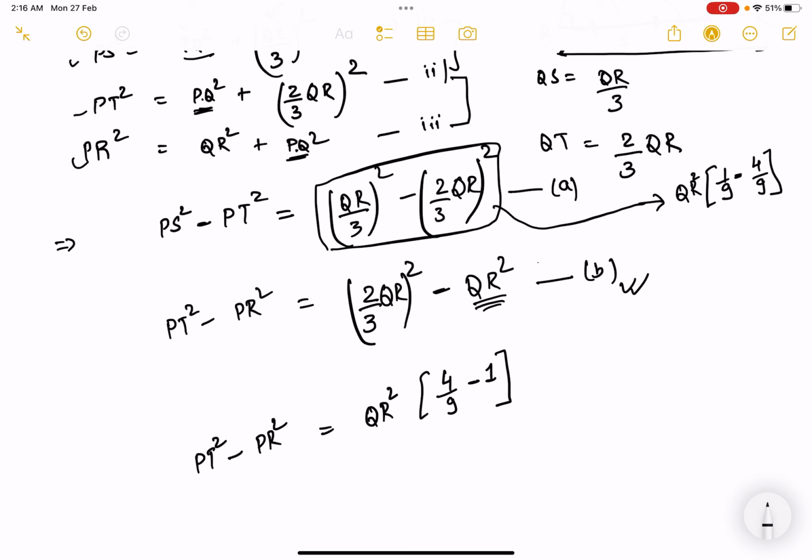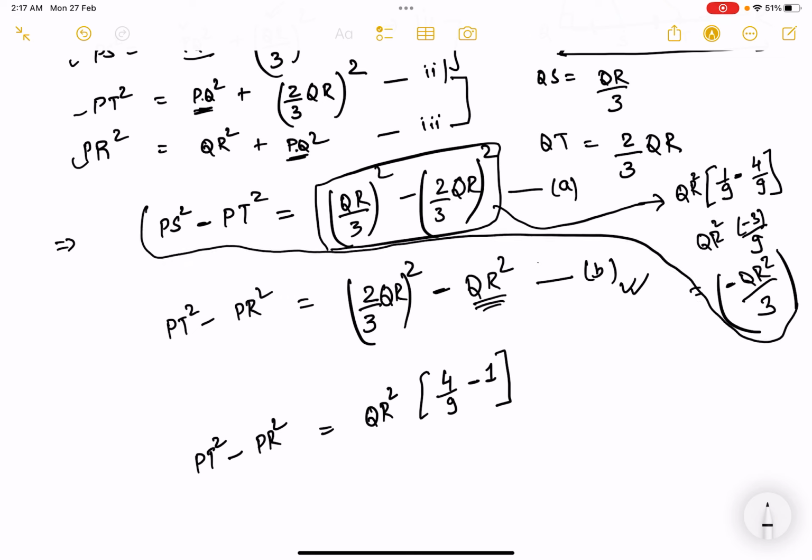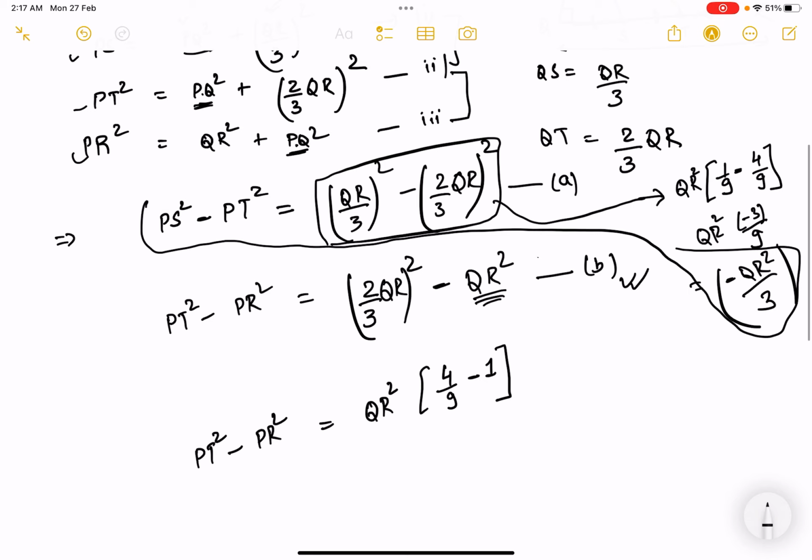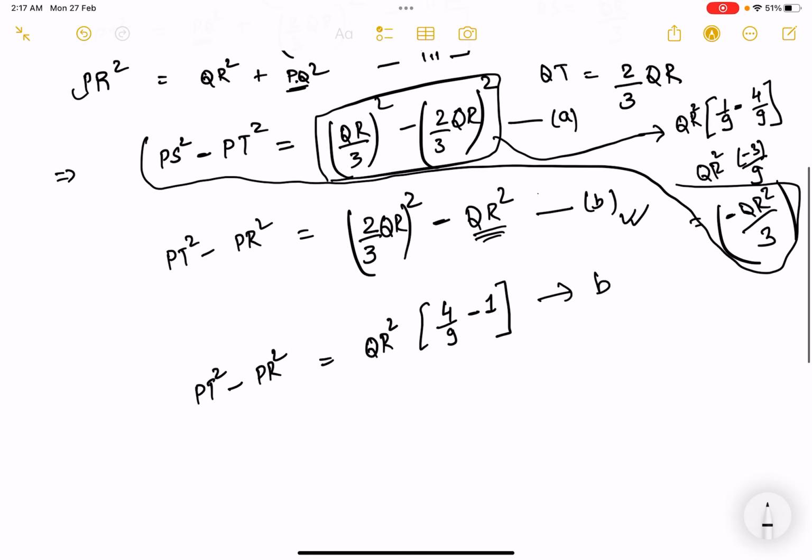So this will be QR square times minus 3 upon 9, which is equal to minus QR square upon 3. So from here we can substitute the value of QR square in equation number B.